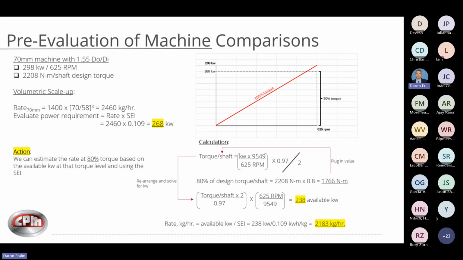And you can see here, you have 238 available kilowatts. Now I can take my specific energy and determine what rate I can achieve. So you can do all this math and say, okay, if I'm going to operate this machine at 80% torque based on this specific energy input, I need to be operating at 2183 kilograms per hour.